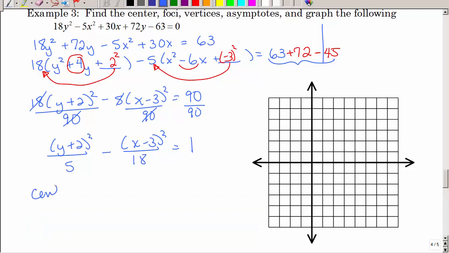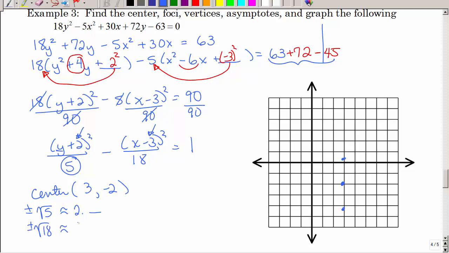Okay, so we want the center. Again, x, y, h, k, so that's 3, negative 2. So I want to go plus or minus the square root of 5. That's about 2 point something. So a little bit bigger than 2 in the y direction. Then the square root of 18.